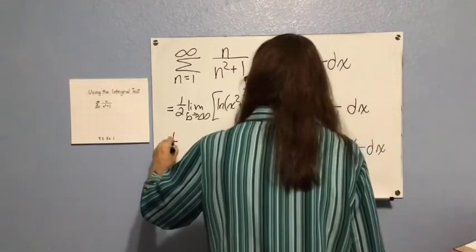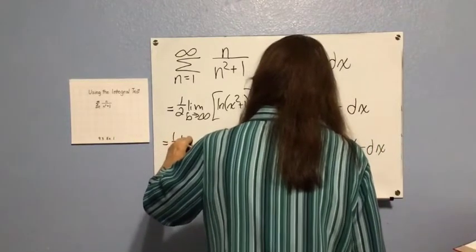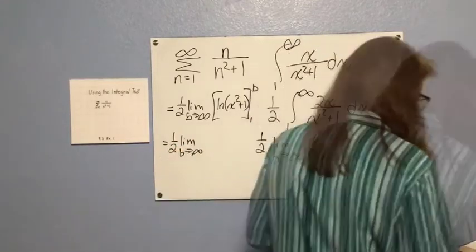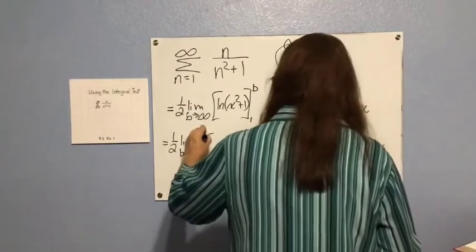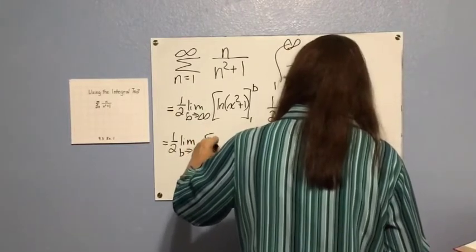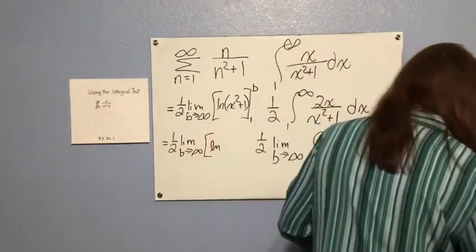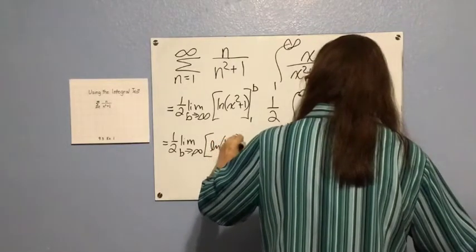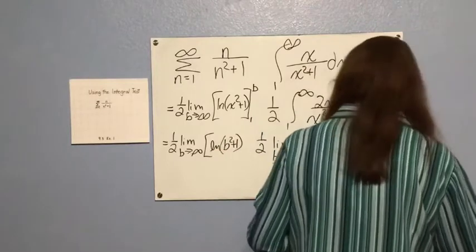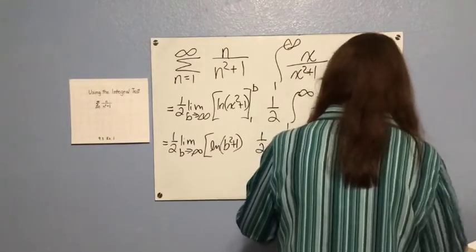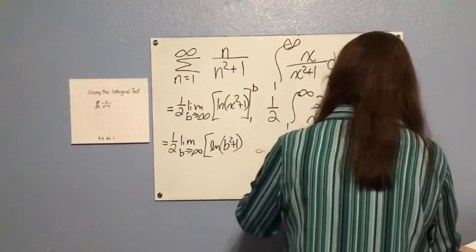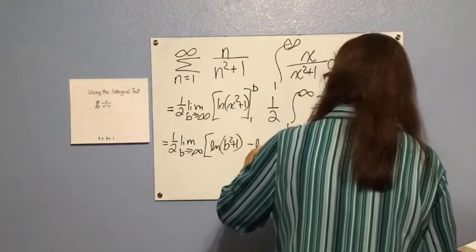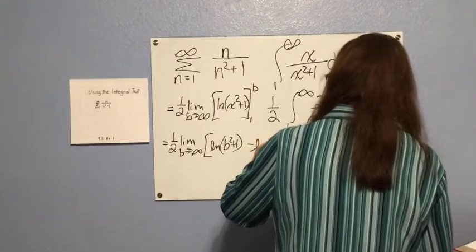We get 1/2 of the limit as b goes to infinity of natural log of b squared plus 1 minus the natural log of 2.